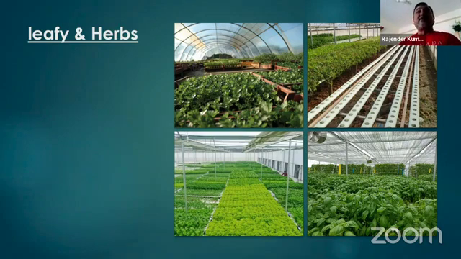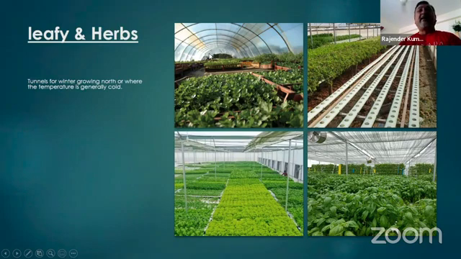So you can grow these crops in tunnels or in polyhouse or in fan pad or in retractable also. Only you need to see that tunnels are good for winter purposes, but not for summer or in plain areas. Polyhouse is very good for the subtropical region.